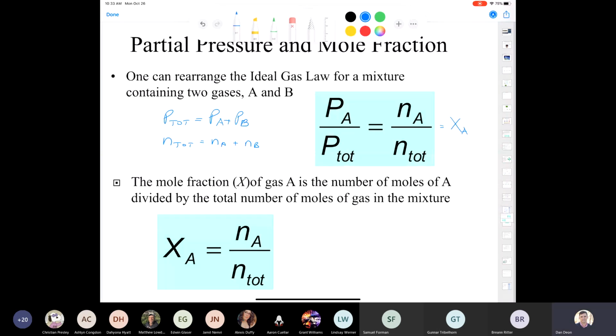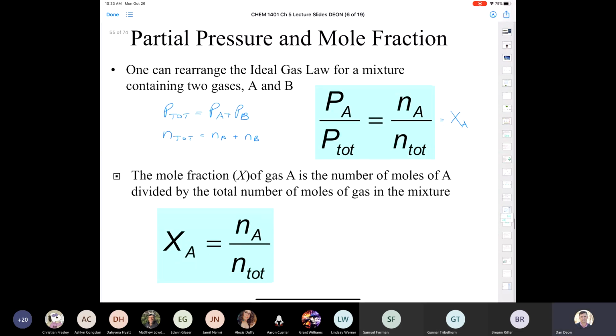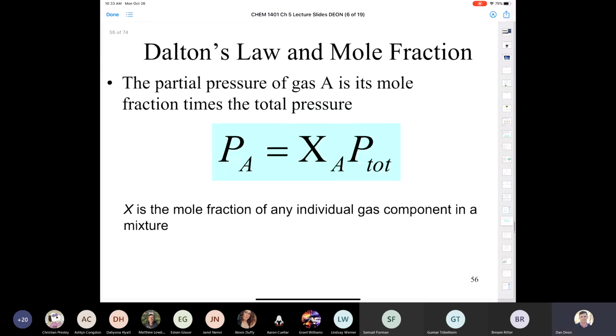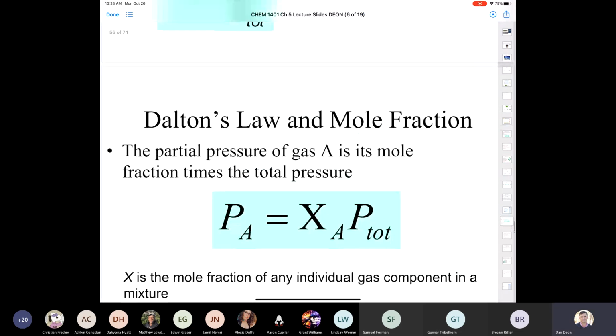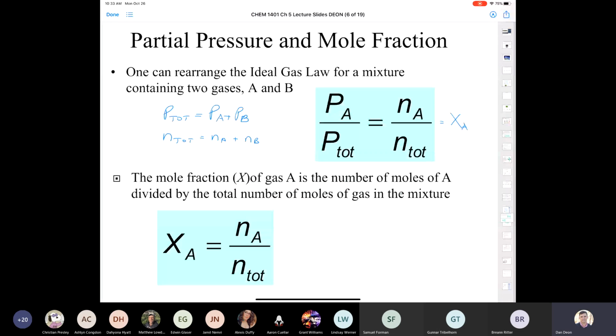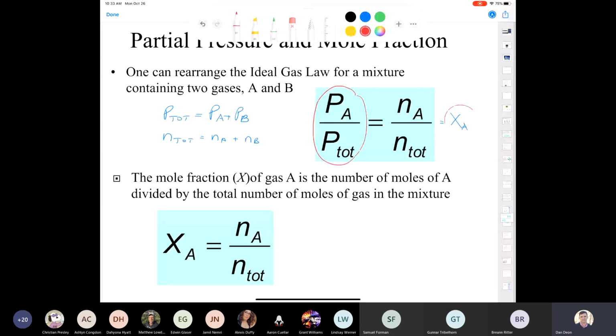With those two formulas in mind, let's see if we can look at that in terms of Dalton's law. Well, if I know that this is equal to mole fraction, I can rearrange that to say that PA, or the partial pressure of A, is equal to the mole fraction of A times the total pressure.